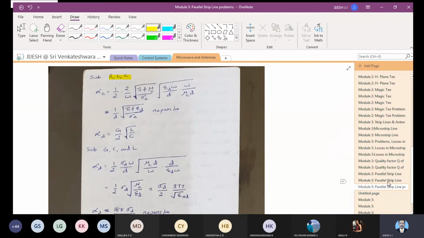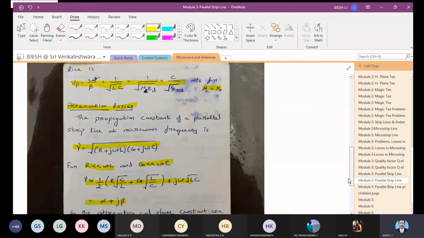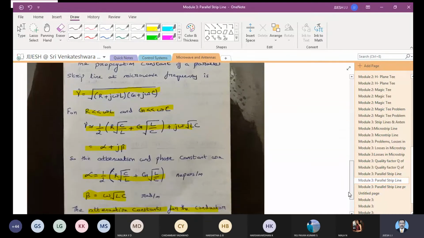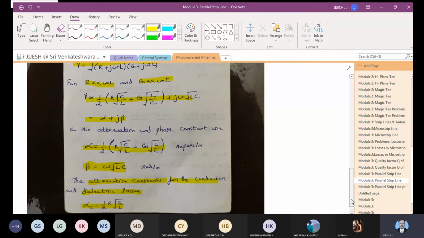What is alpha C? It is 1 by 2 R root of C by L. R is there in the equation above, C is also available, and L is also available. You can substitute all these in this equation.